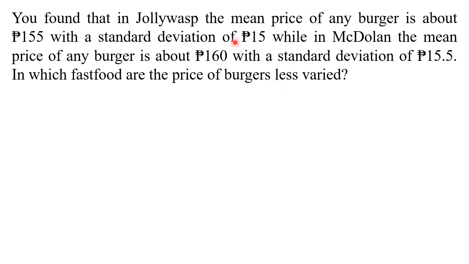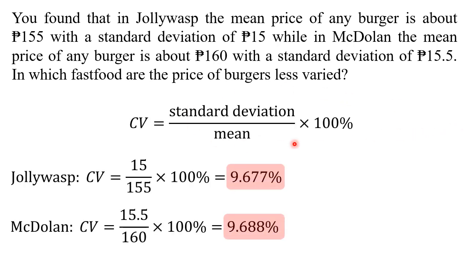So just because, class, the 15 pesos in Jolly Wasp is lower than 15.5 does not mean that this has a lesser variation, because we also have to look at the mean value. So it also depends on the mean value. In this case, class, we are going to use the coefficient of variation, and we just divide the standard deviation by its mean value times 100%, and this will give us the percentage.